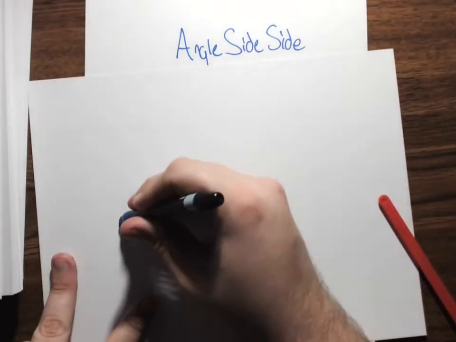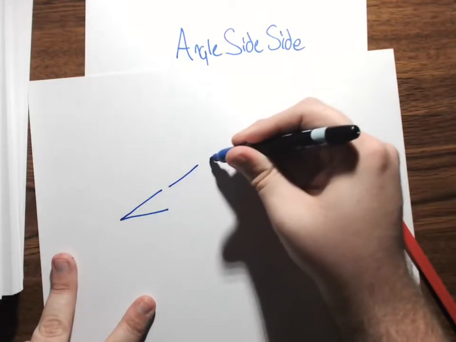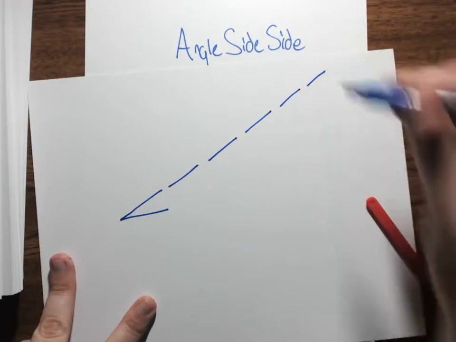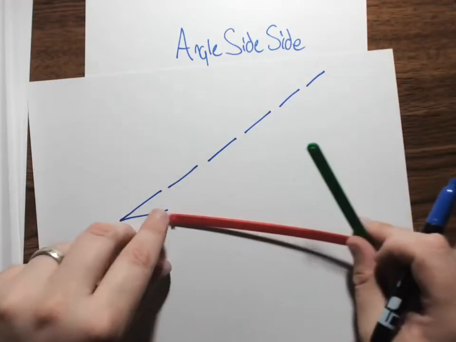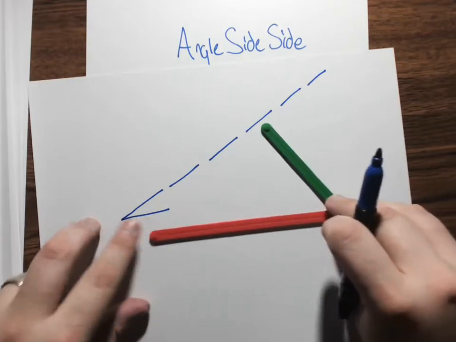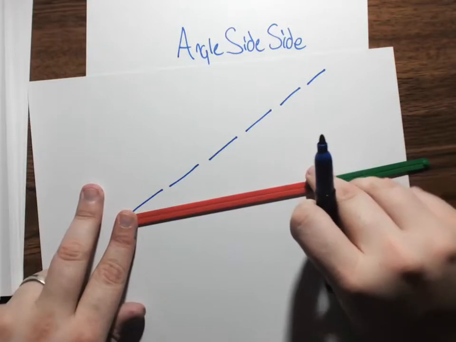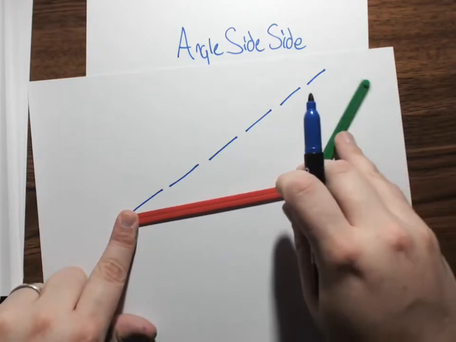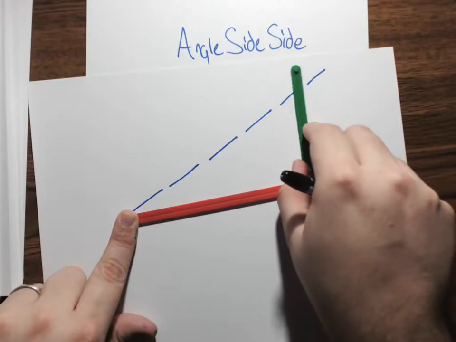So what I'm going to do is I'm going to create an angle. Now I have this special set of lines. One is red and one is green. What I'm going to do first is I'm going to set up my red line right here. So this is my red line, it has that angle. And what I do is, oh look, there's the triangle. That's great. But here's the problem.